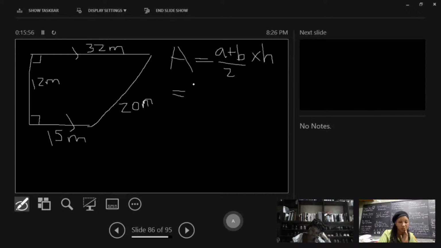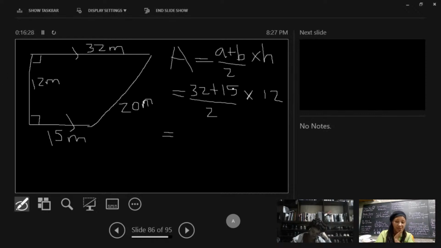So that would be 32 plus 15 over 2 times 12. All right, so why not the 20? That's the longest side. Okay, so this is the slant. That's the oblique. The height is vertical, perpendicular.